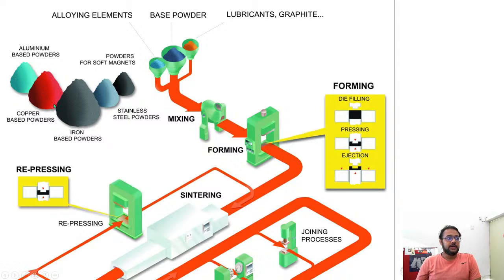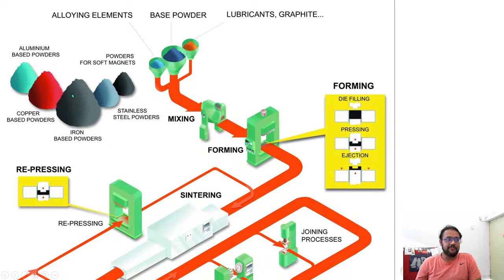Okay, so this chart kind of gives you that. You have different types of powders that you can make from base metals. For example, you can make some powders using aluminium, some from iron, and other things.